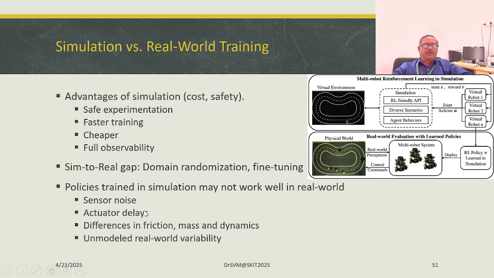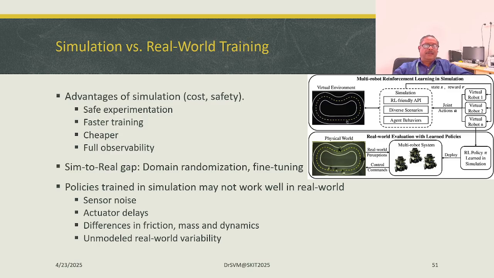So if we want to avoid these problems, like the sensor noise, actuator delays, and all that, then we could go for real world training, where the training is done using real-time sensors, and these sensors will provide the signal along with the noise, so the system gets trained along with the noise, and the system will be trained along with the actuator delays and all that.